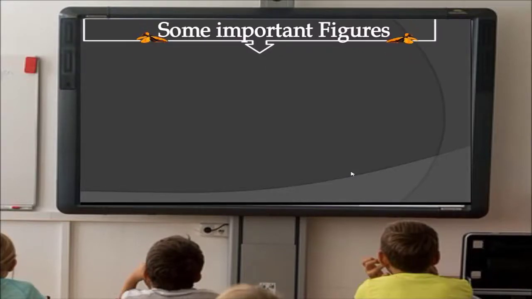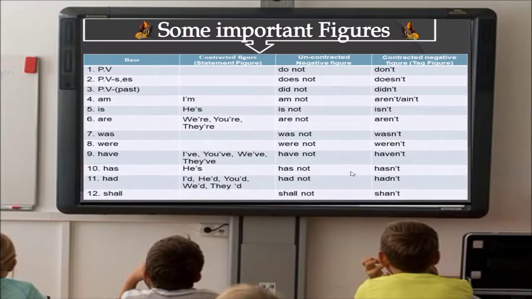Some important figures. This is very important. Look at, number 1, principal verb. This is a base form, and its uncontracted negative figure is do not, and the contracted negative figure, that means the tag figure, is don't. Similarly, number 2, principal verb adds s or es.